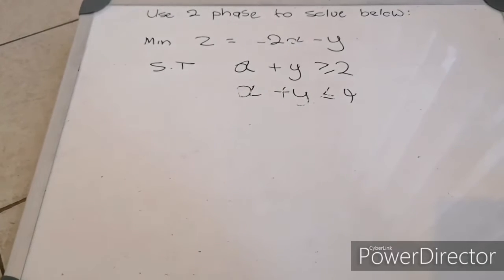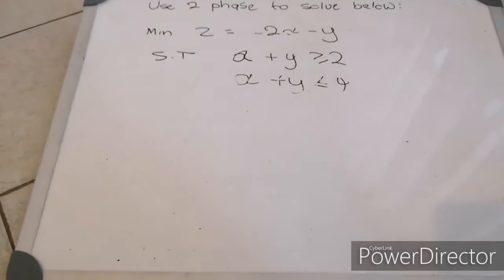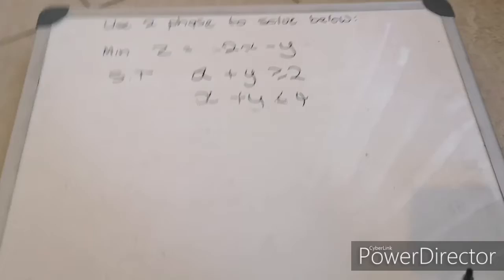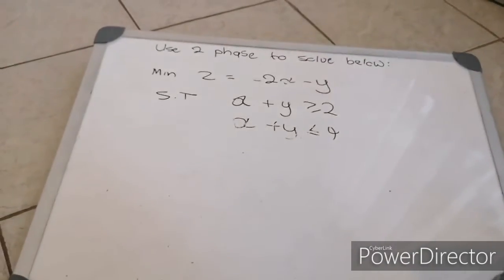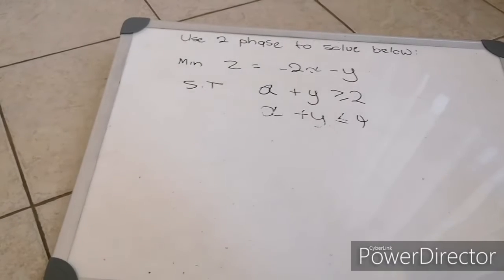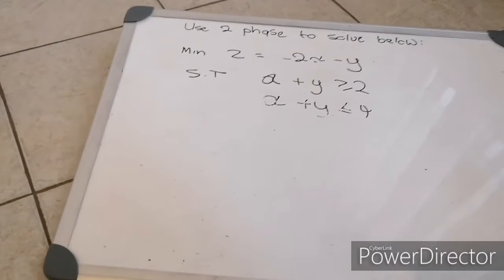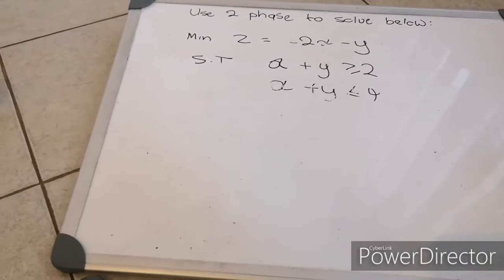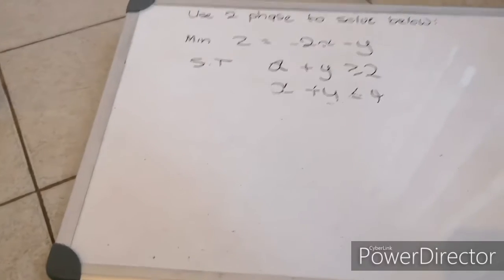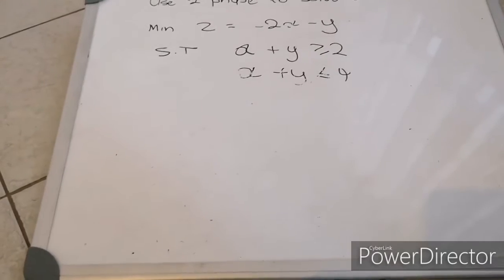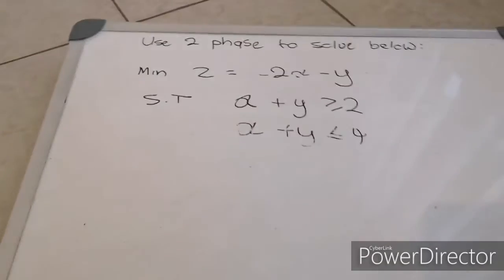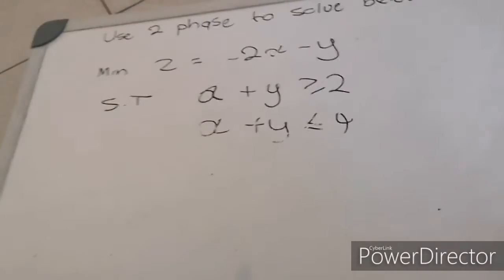If you remember, if you have something greater than or equals to, then we would have to add slack variables and an artificial variable. If it was in normal terms, we would just use a normal simplex process where we just add a slack variable. So let me just show you.